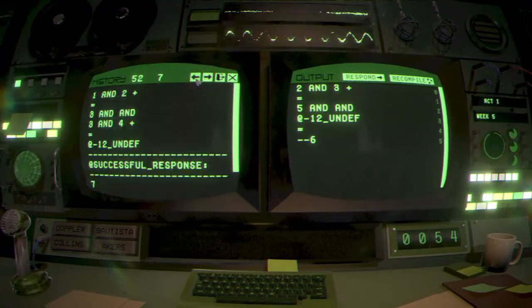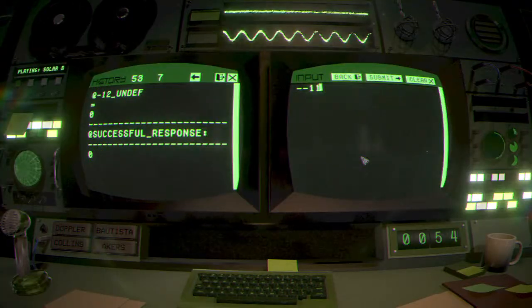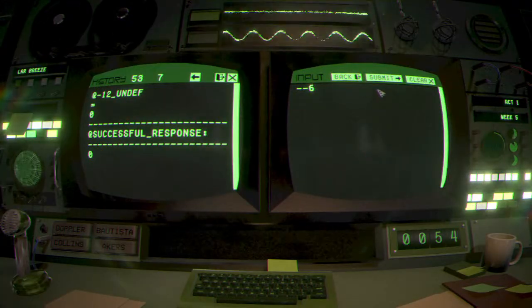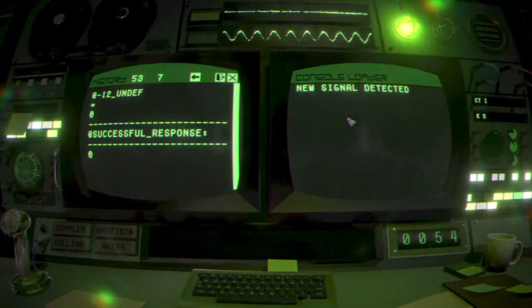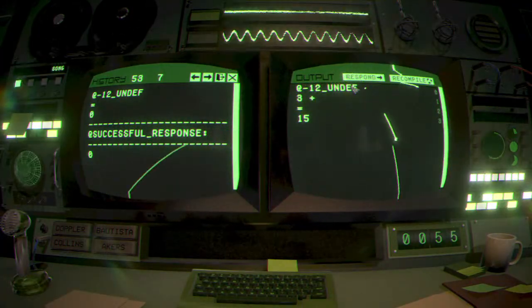I mean, I could try something more simple. I can just say I see minus 6, I enter minus 6. Alright, I don't understand it, but sure.